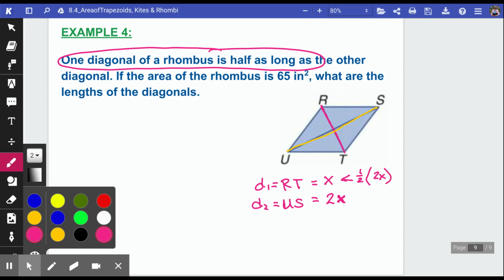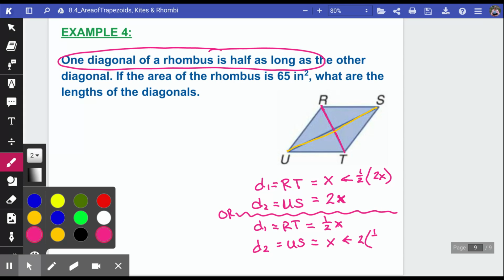Okay, so I could use the halves and I could say, okay, diagonal 1, RT, and US. If I called this one X, then this one would have to be 1/2 X. I hope you see that if I took 2 times 1/2 X, I would be getting the same value.